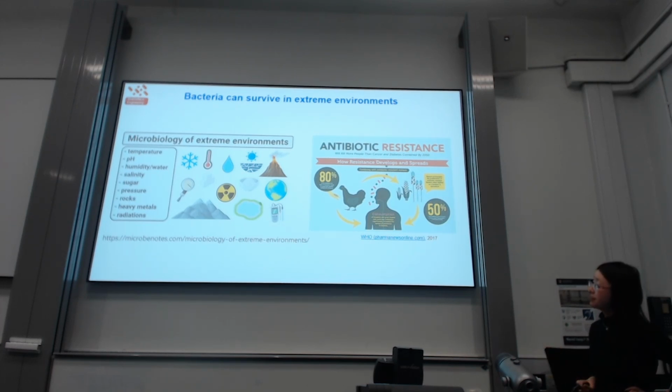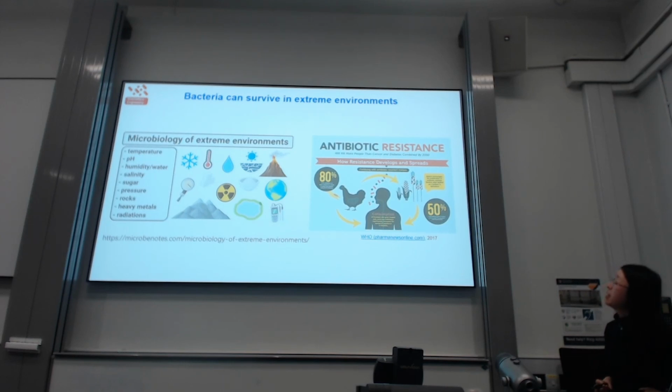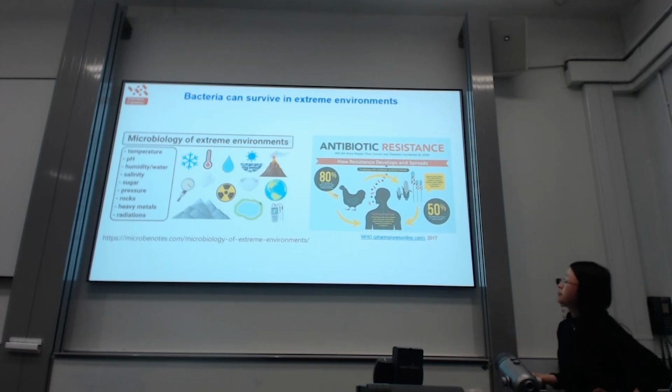All of this could be related to mechanics as well. On the other hand, when we also consider antimicrobial resistance, according to the World Health Organization, antimicrobial resistance can kill more people than cancer and diabetes combined.